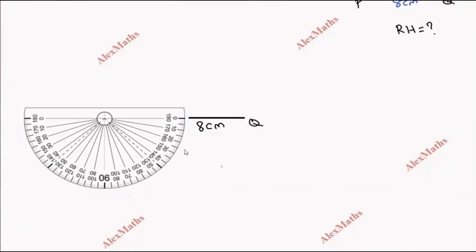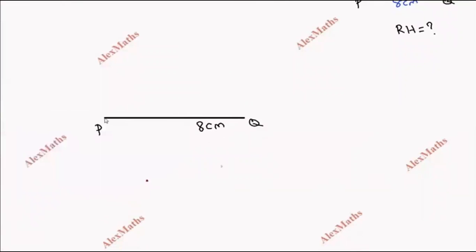See how to draw 60 degree. How to keep the protractor, 10, 20 like that, no? 60 degree. You mark it. So then you can draw a ray. So now the angle QPX, you can mark it. That is 60 degree.